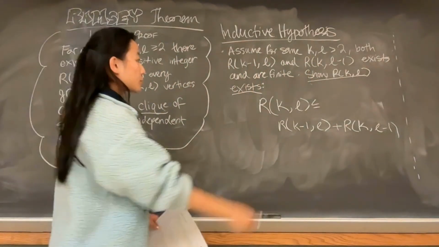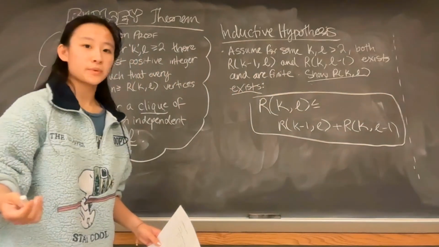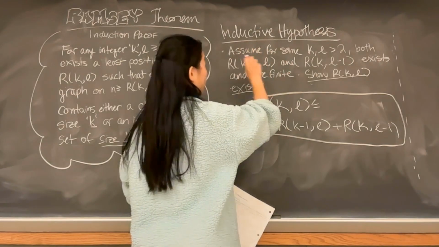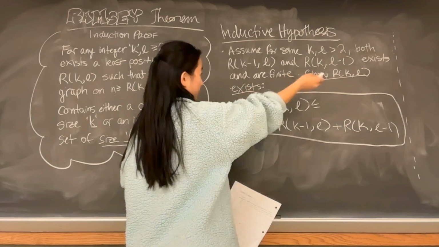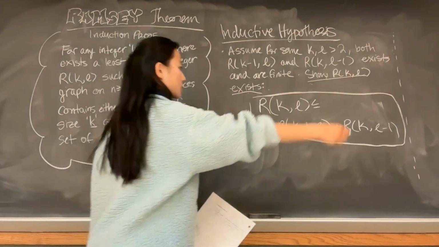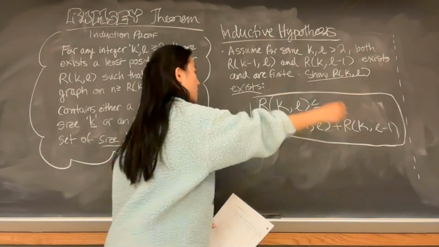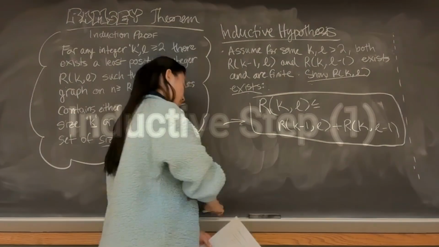If we are able to prove this statement, we will be able to prove that R(k,l) exists and is finite. So in the following inductive step, we will be showing that this expression is true.